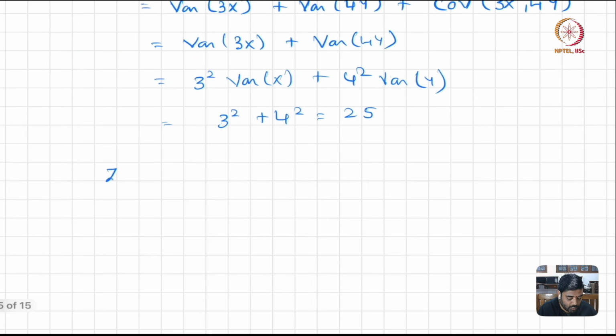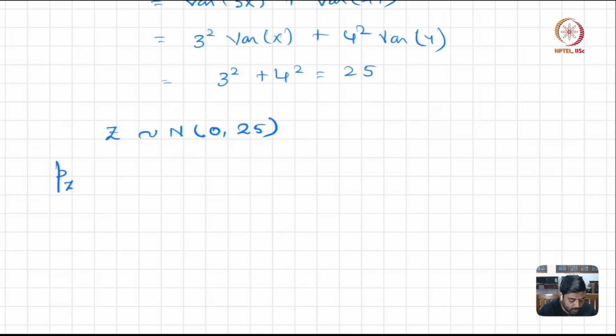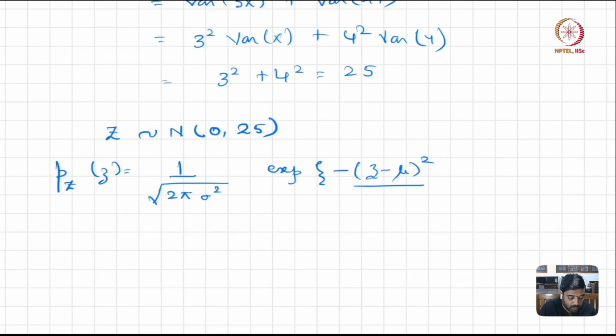Therefore, z is a Gaussian random variable with mean 0 and variance 25. From here, you should be able to write the density. That is, Pz of z equals 1 over sigma square root of 2 pi times exp of minus z minus mu whole square divided by 2 sigma square.